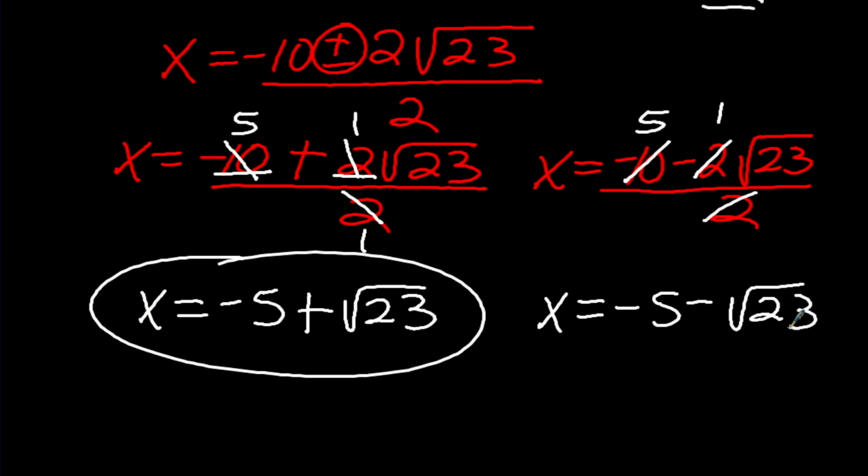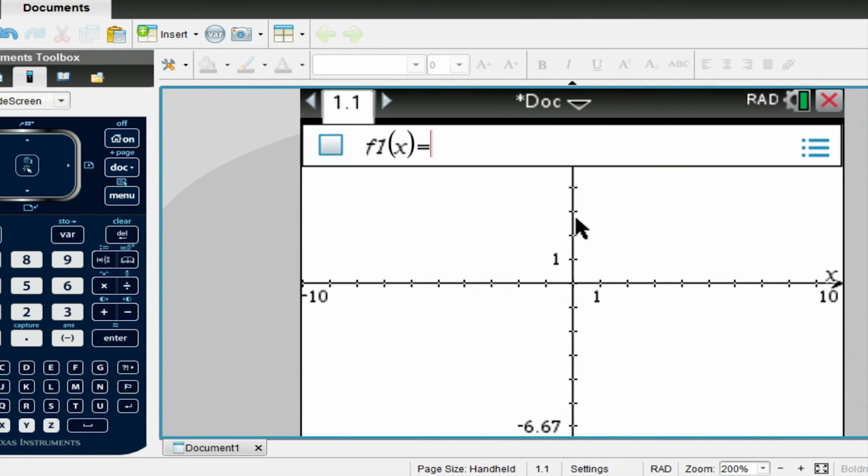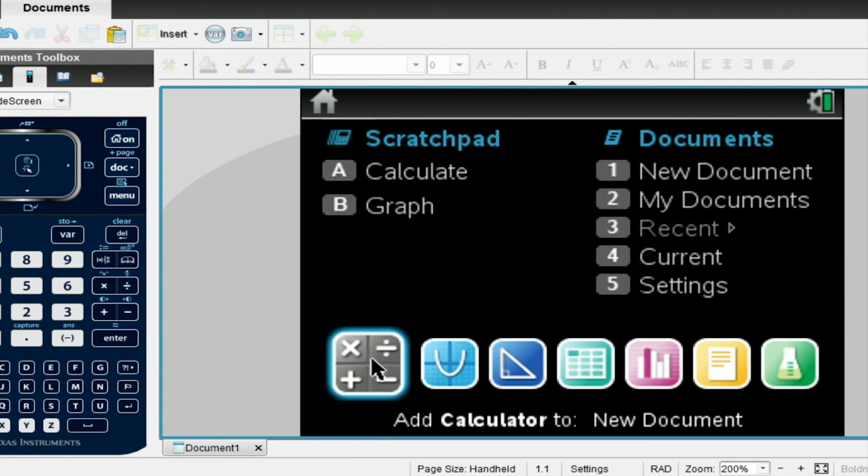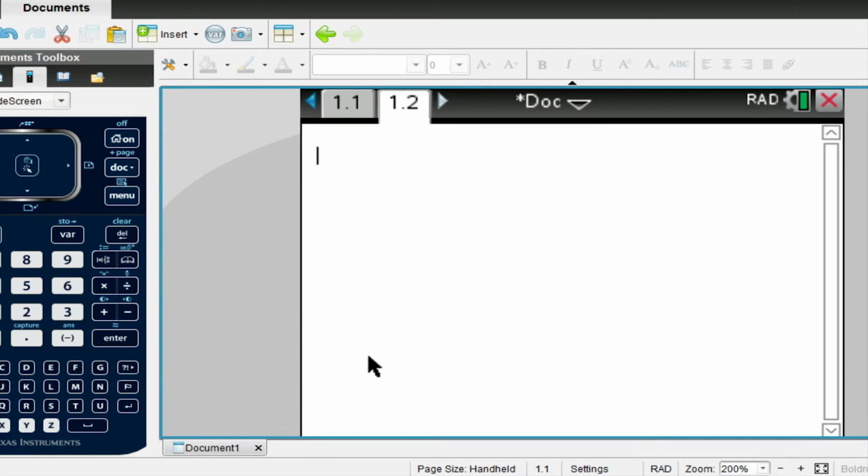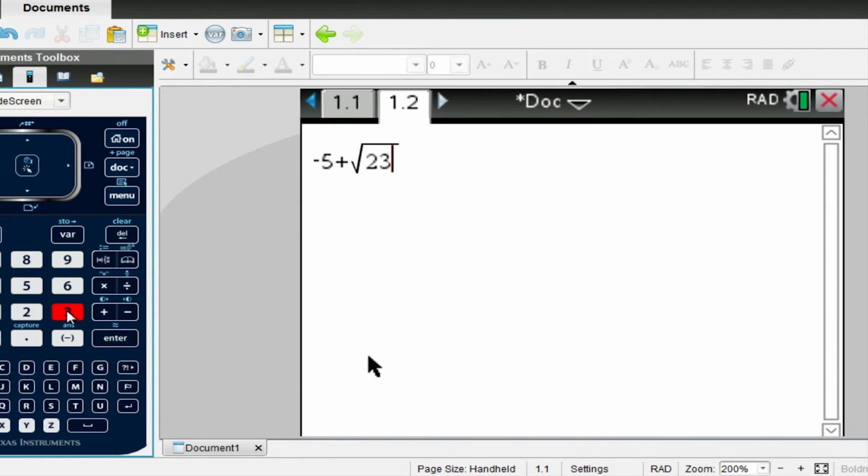Now, I want to see what those are as a decimal. So I'm going to pull up my calculator. So I'm going to add a calculator page. And it was negative 5 plus the square root of 23. And that gives me approximately negative 0.204.